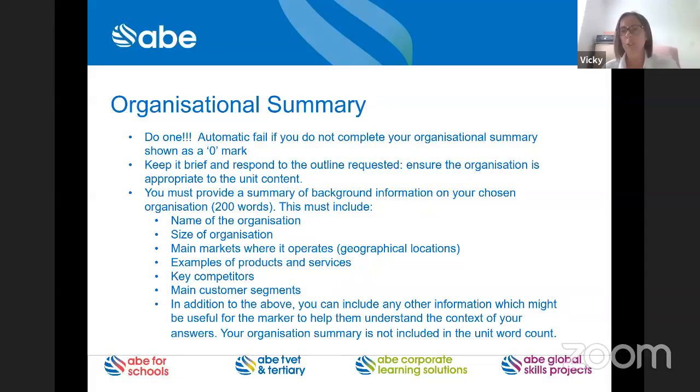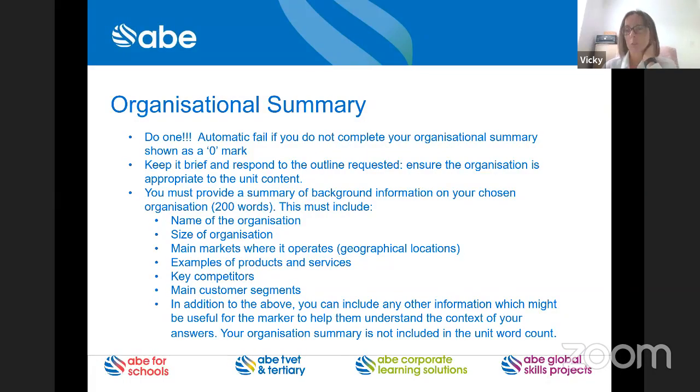For some questions, it would be better to have a larger organisation, maybe a more global organisation. For other questions, a local organisation would be good enough. There are some units where an organisation that's maybe very small might not help you fully answer the questions in the detail required. So think about your organisational summary in relation to the questions that you're being asked in the unit and in relation to the particular unit.